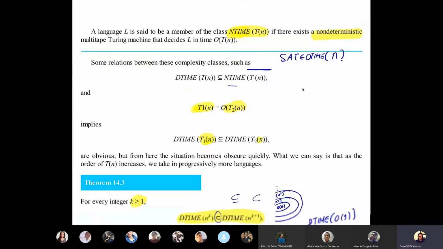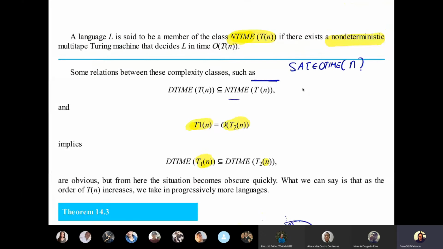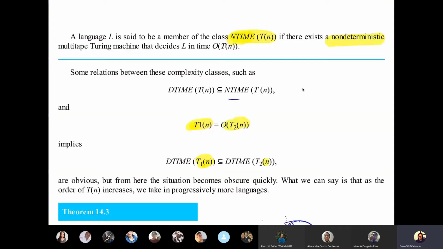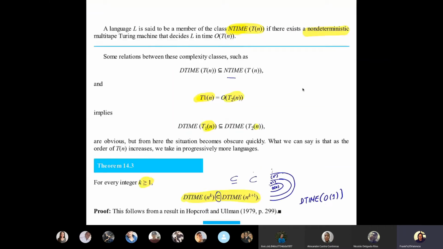So here, we need to define this other one. We say that a language L is a member of the class NTIME T of n if there exists a non-deterministic multi-tape Turing machine that decides L in time O of T of n.